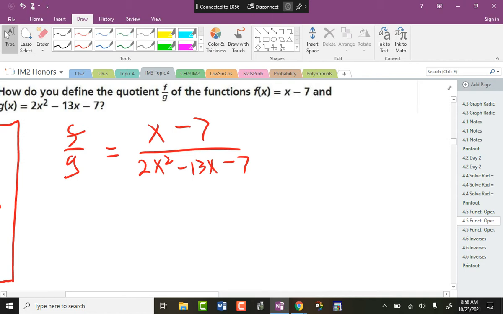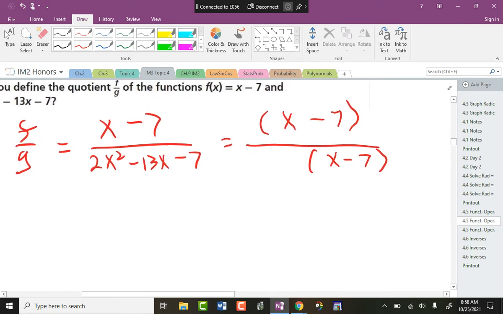Right now, you may not see this, but the bottom is factorable. Take a wild guess what one of the factors is. 3, 2, 1, go. X minus 7. I guarantee it is, because the book wants this to happen for you. A lot of times this occurs.